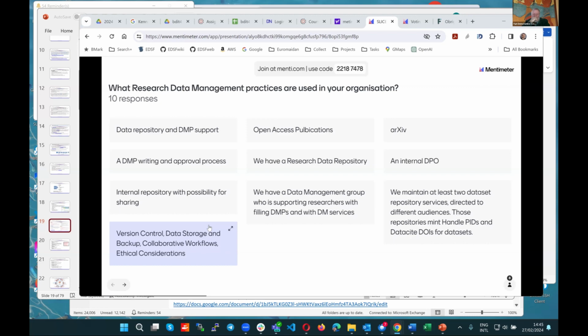For our purpose, possibly the most important is to understand how the organization is establishing data management. So the data management group is quite interesting.